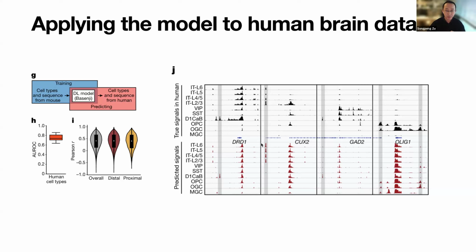Still, based on the predicted tracks, the predicted result seems good. But we noted that we didn't have good performance especially on the promoter regions. So this is our application of deep learning models to our data set.